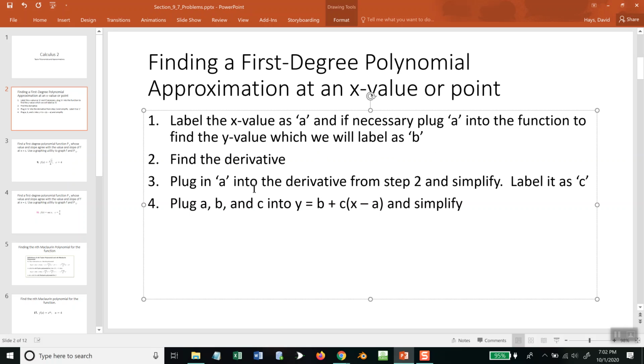Step 3, plug in a into the derivative from step 2 and simplify. Label it as c. And then plug a, b, and c into y equals b plus c times x minus a and simplify. Get that linear approximation, that line. But it's specifically at an x value or a point, not the entire graph.